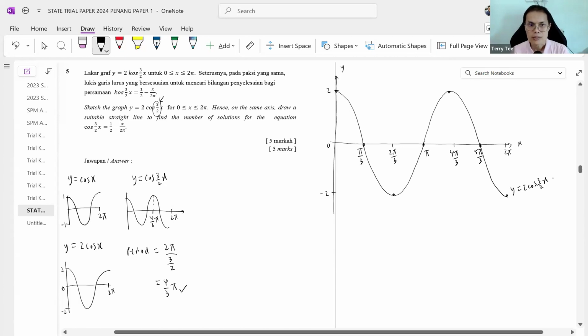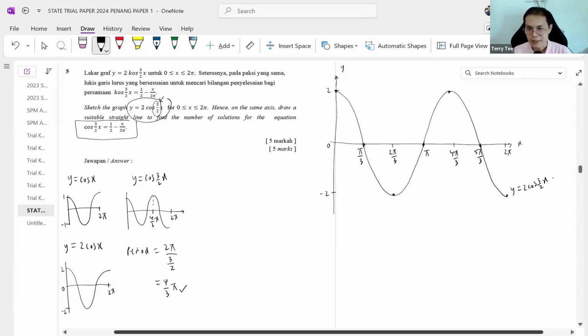Next, I need to determine the number of solutions by first drawing a suitable straight line. That equation of the straight line can be found from here. Look at this equation. Remember, I need to rearrange the equation such that one side is equal to the original function here, 2 cos 3 over 2 x.